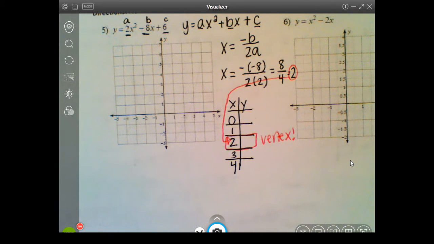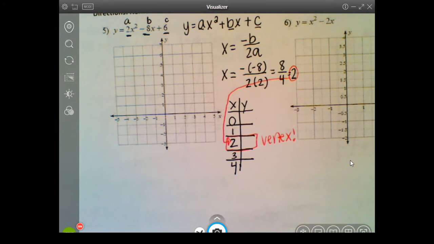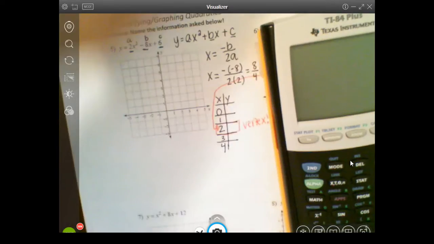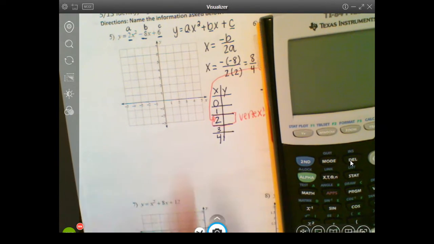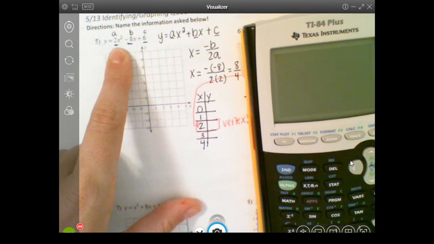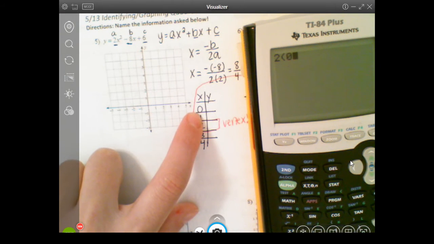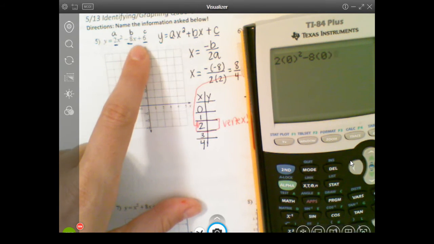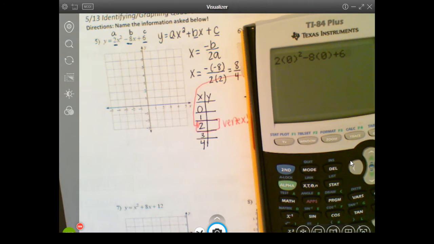Okay. So now here's the way you can take either calculator. First, I'm going to show you any calculator. So no matter which calculator you're using, once you get your numbers, you're going to go one by one. So here's my equation, 2, and then it's x. So in parentheses, I'm going to start with 0 squared, -8 times 0, because there's another x, plus 6. And this is going to give me the y value. So wherever there was an x in the original equation, I'm plugging in 0, and I get that it's 6.